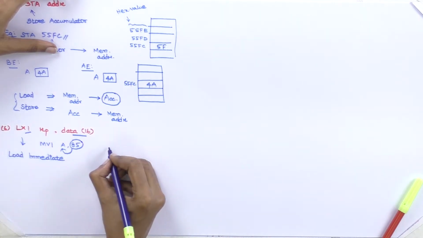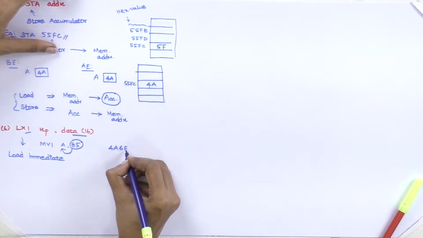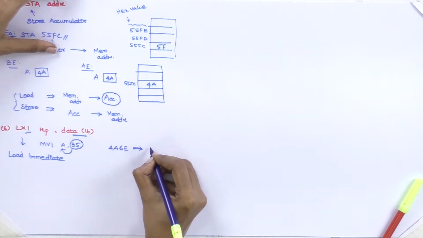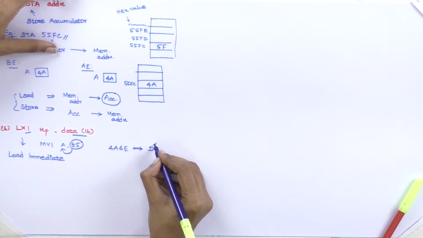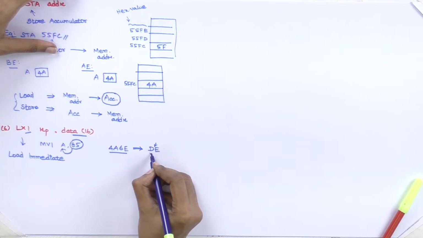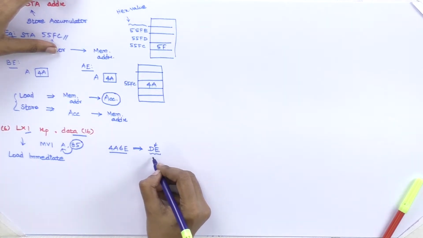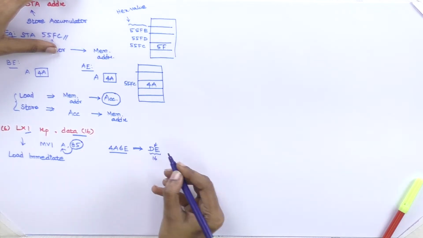For example, if you want to move a value 4A6E into a register pair DE. Why are we using a register pair? It's a 16-bit value which will be stored only in a 16-bit register. Each and every register is 8-bit; totally it is a 16-bit register.